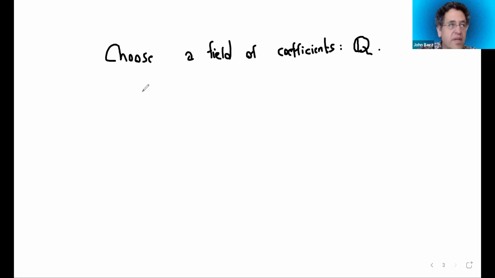So this coefficient field, the main thing we do with it is that instead of just looking at integer linear combinations of cycles, we're going to look at combinations with coefficients in this field.